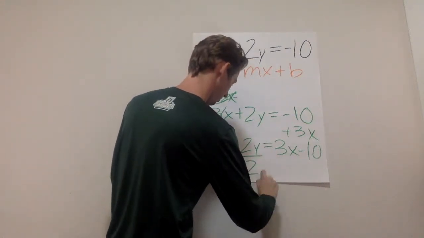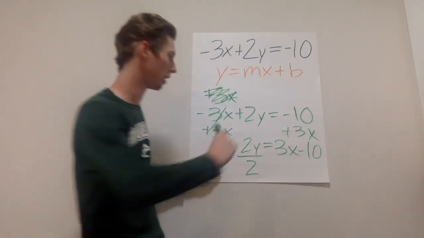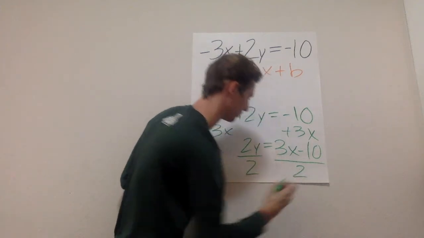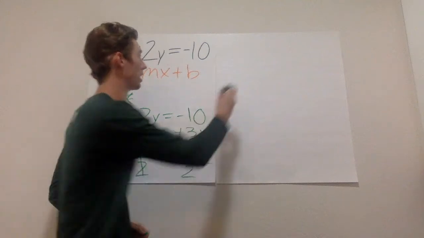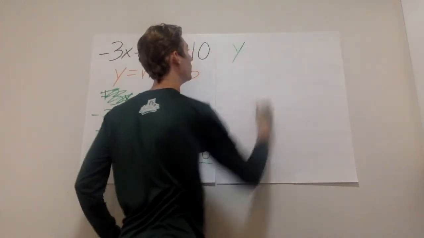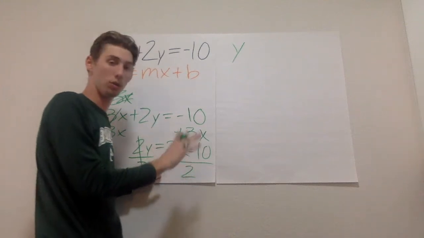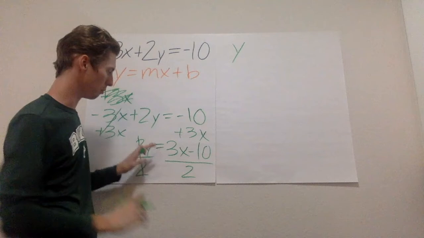All right, how do we get rid of a times 2? We divide by 2. Okay, if you divide by 2 on one side, you get to divide the whole other side by 2. This 2y divided by 2 cancels out so that you're just left with y, okay, equals, you can divide each thing by 2 to make this simpler on you, okay?